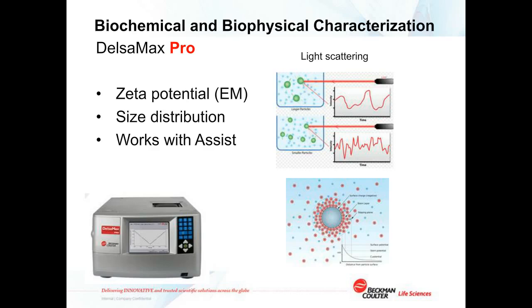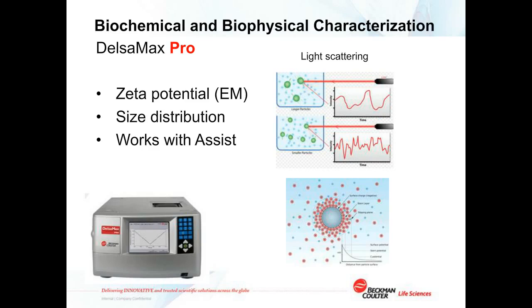The other interesting feature of the DelsiMax Pro is that it has 32 detectors at different angles which collect scattering information in parallel. Because proteins are very sensitive, with a standard zeta potential measuring instrument that's not been designed for proteins, you will typically require several minutes to collect enough light scattering data under the conditions of alternating electric current before you can gather enough information with which to derive a zeta potential.